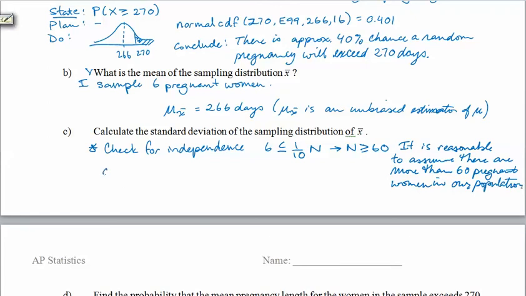So therefore we can use our equation for standard deviation. 16 is the standard deviation of the population, and we're dividing by the square root of 6, so we get 6.53, and that's our answer for that question.